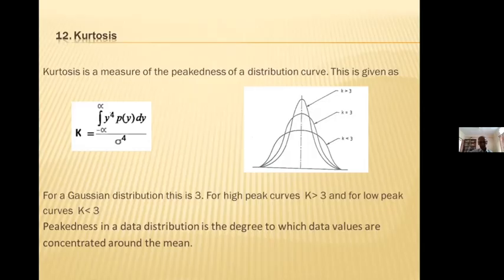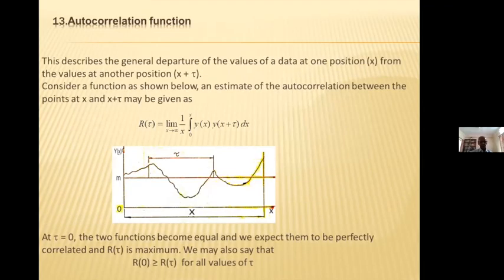Now we go to the autocorrelation function. This is again a very useful parameter, and again I say widely used in both surface roughness characterization as well as in signal analysis. It is simply the departure of the values of a data at one point from another point at a distance of tau.